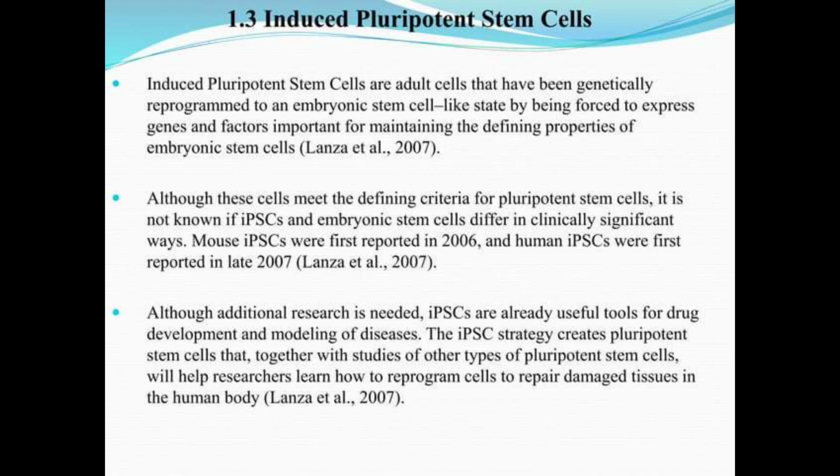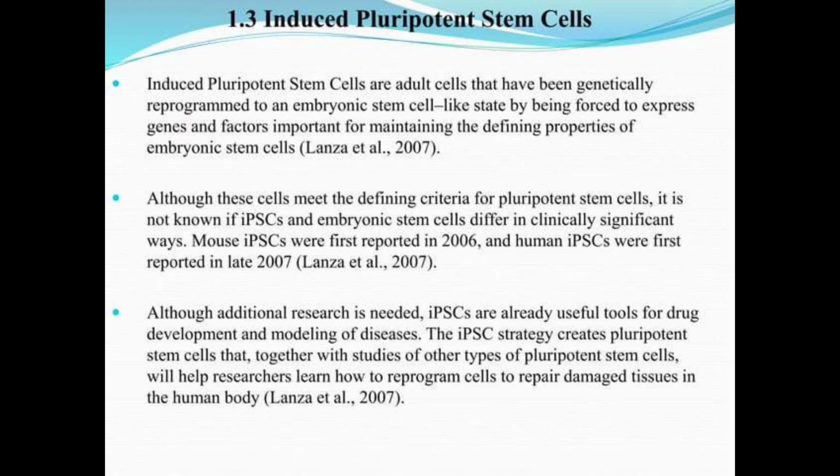That is of clinical significance. This was developed in the mouse in the year 2006, and later human cells were also reprogrammed in the year 2007. More additional research is needed in the case of iPSC, induced pluripotent stem cells, because they are useful in drug development and modeling of disease.